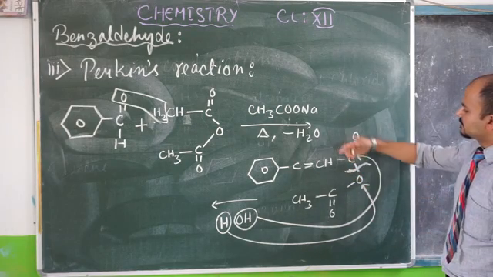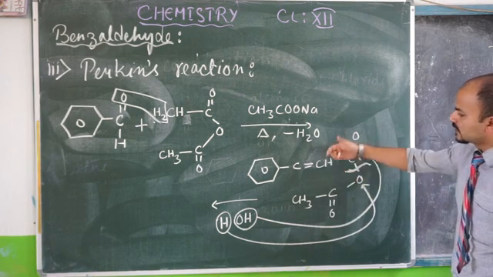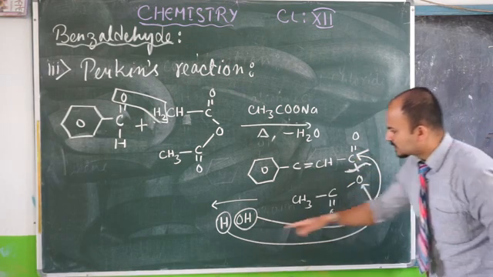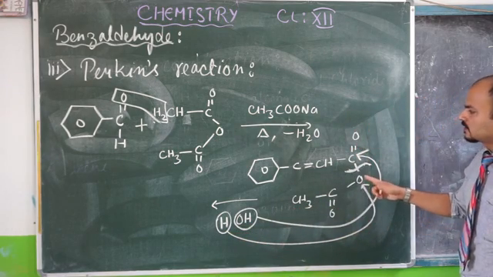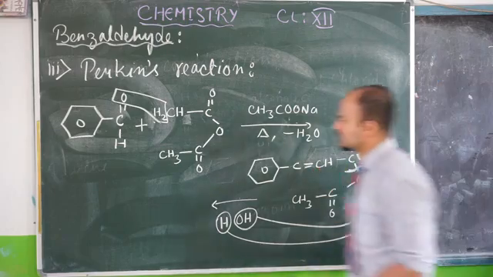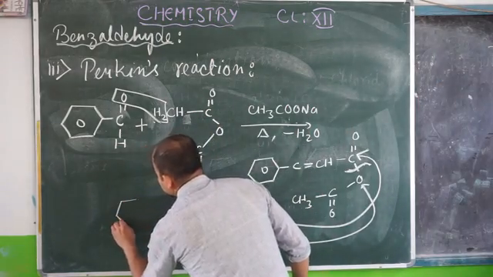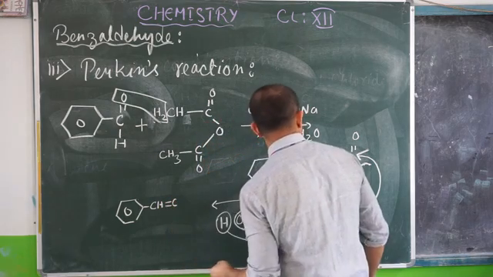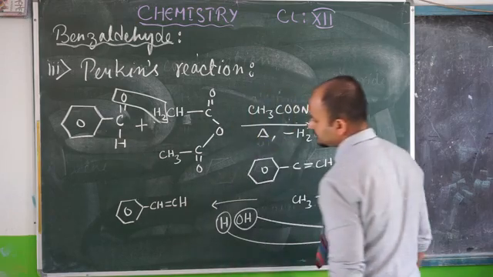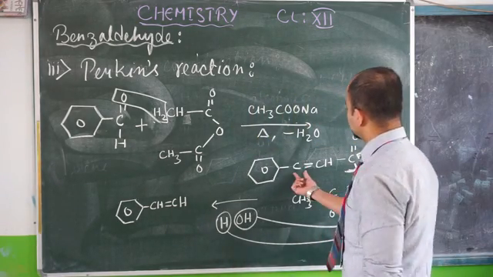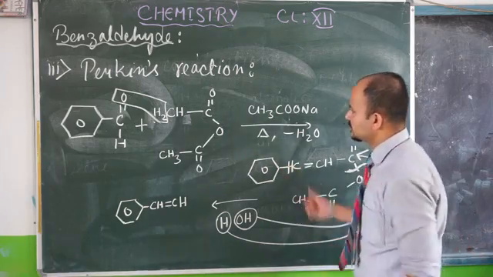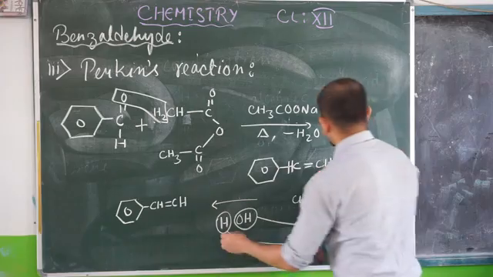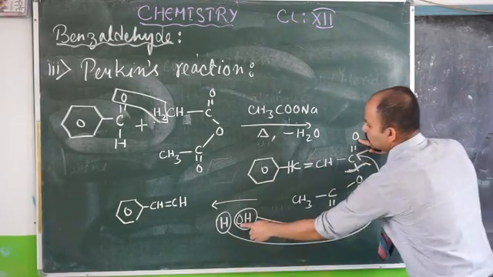So now I am getting a separate product here, and another separate product here. In this product, this OH group has come and bonded with this carbon, and in the second product, this hydrogen comes and gets bonded with this oxygen. Let me write this product first. I have the benzene ring here, CH double bond CH, and now here COOH.